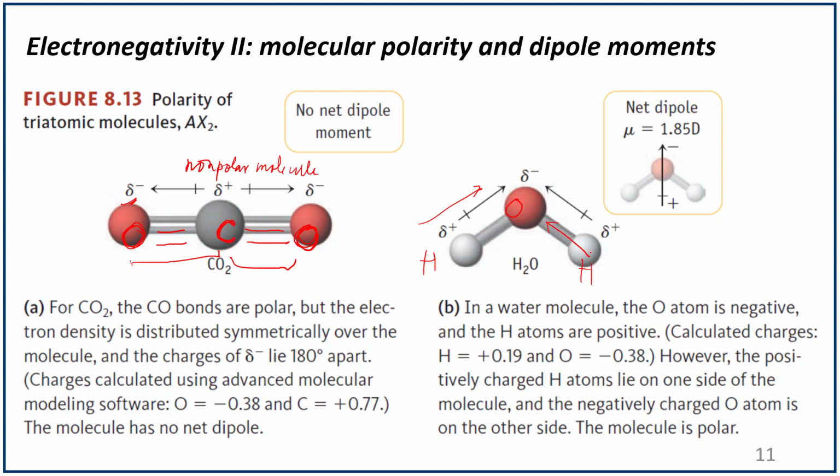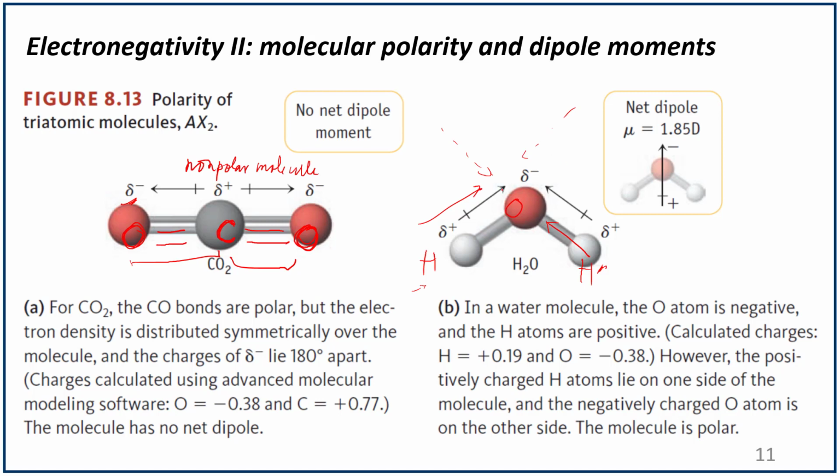As this cartoon illustrates, unlike carbon dioxide, there's no bond coming from this direction to cancel out this bond, and no OH bond coming from that direction to cancel out this bond.